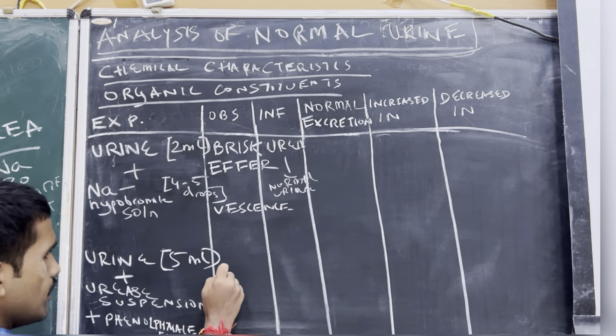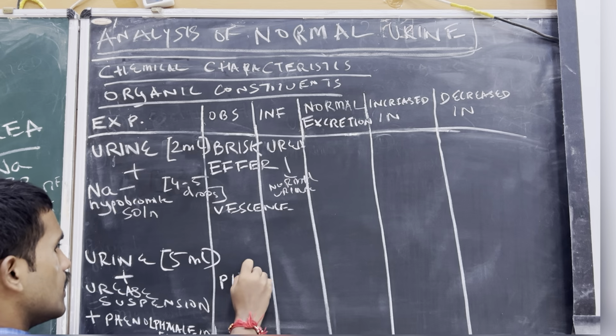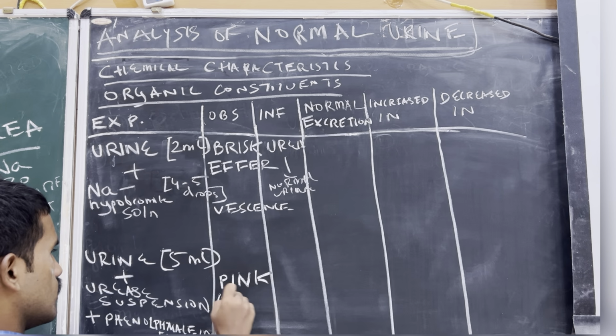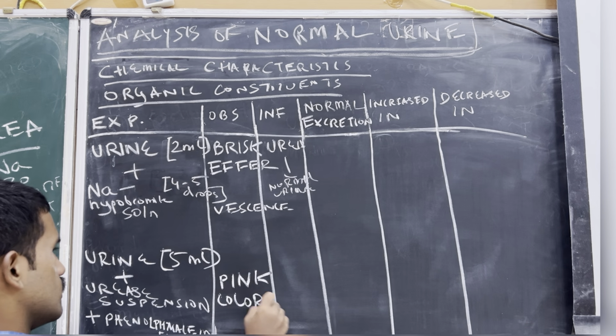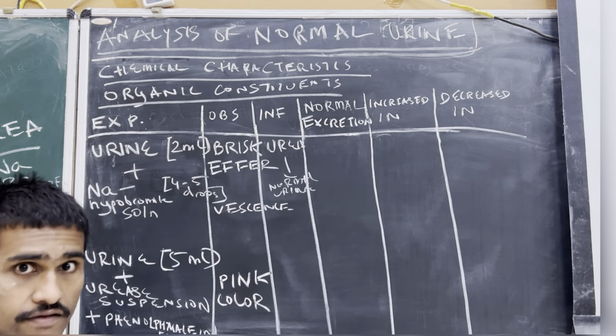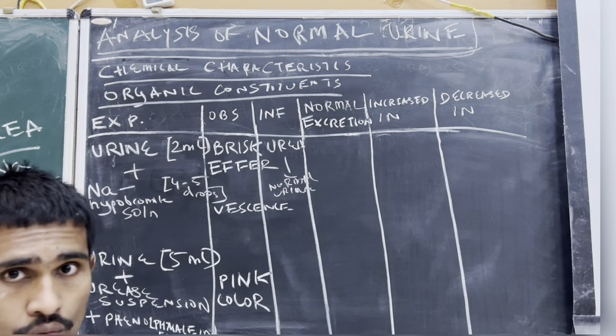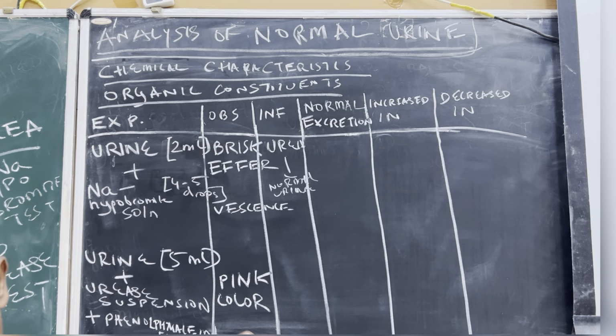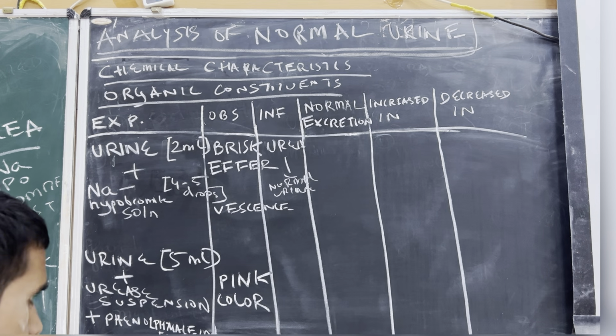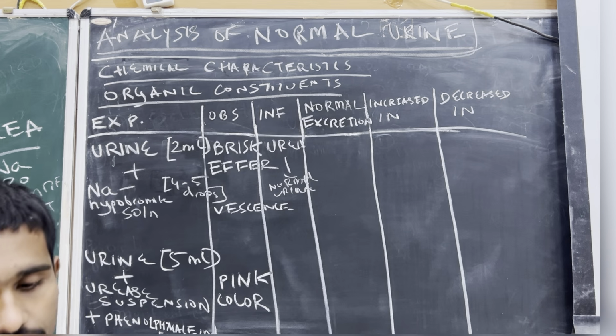The inference will be pink color. If you are using the control with the inactivated urease suspension, then you will not find a pink color, because the urease suspension is inactive.